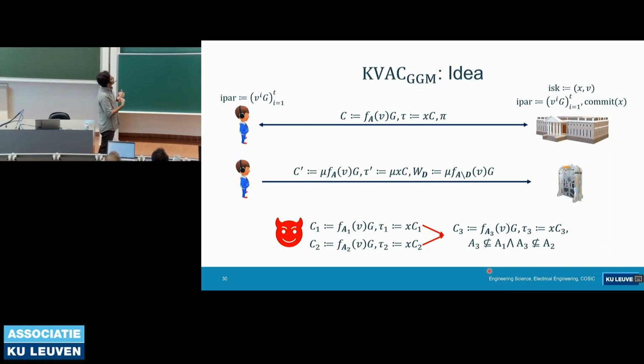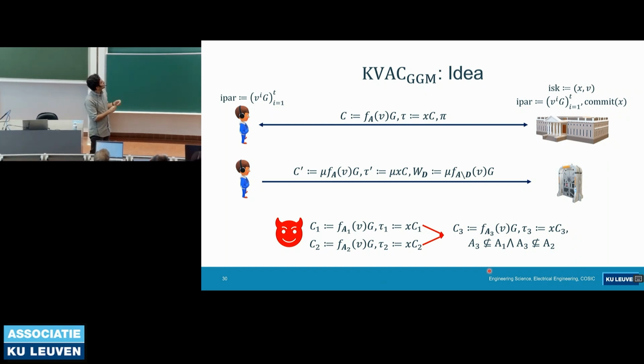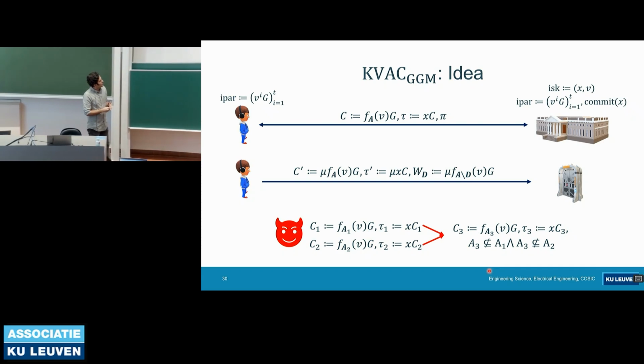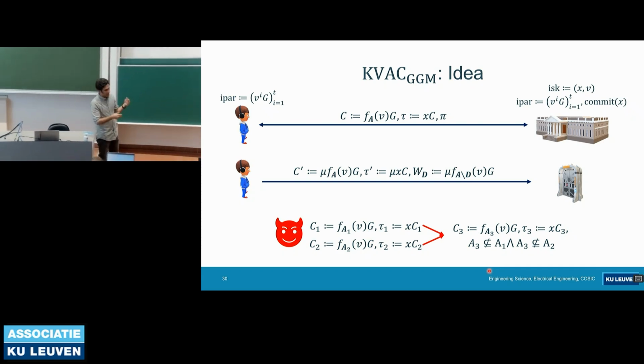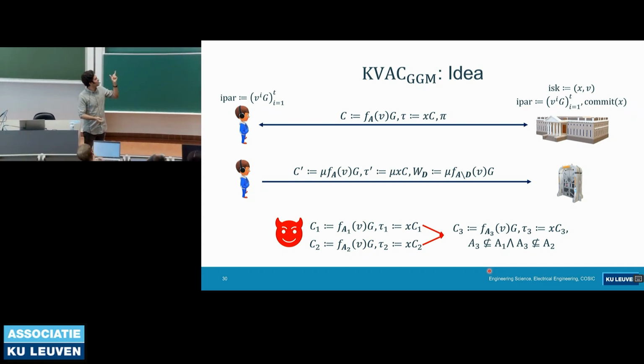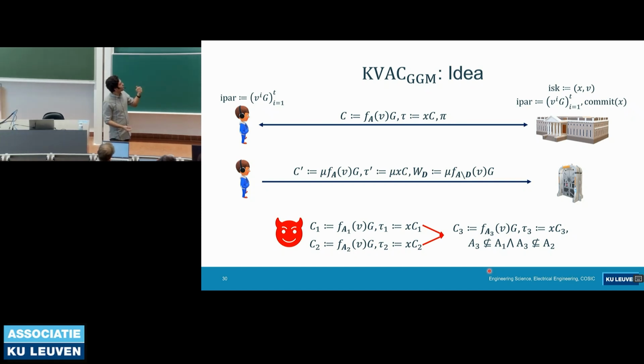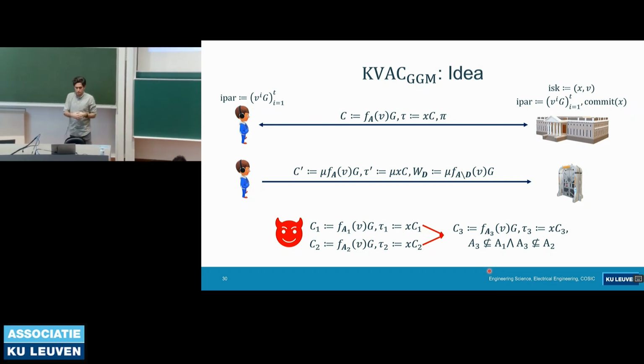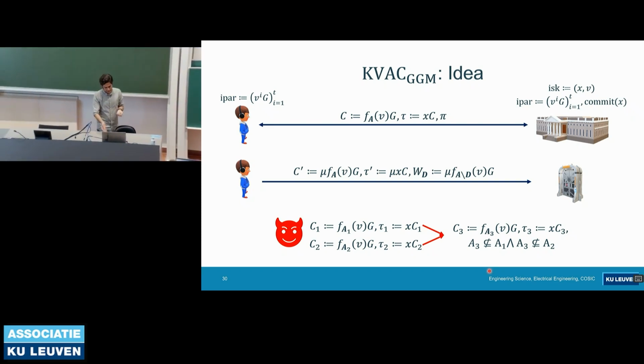So in the showing phase, imagine that the user just sends mu f a g and C prime, which is the randomized version of the commitment, T prime, which is the randomized version of the tag, and also the open value that I told you in the previous slide for DVSC. So the thing that happens here is that we can have an adversary that uses two different credentials and combines them in a way to generate a credential for another set, which is not a subset of A1 or A2. And this would be an obvious attack.